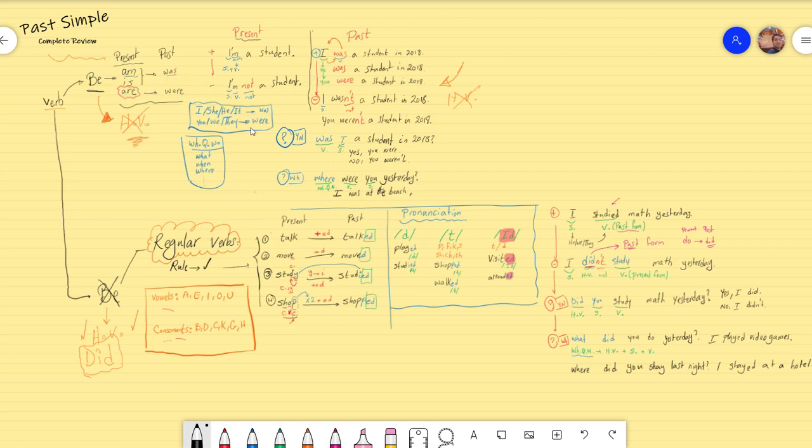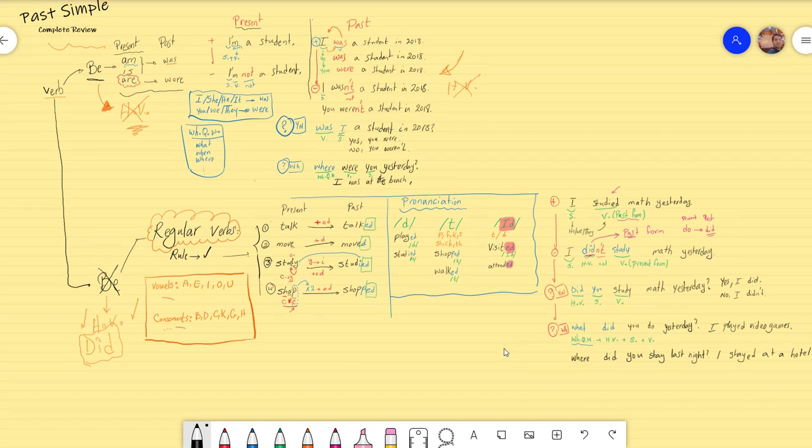And then we said that if we want to make the past tense, these are the example sentences that you can use. And then we said if the verb is not be, we have two options. The first option, regular verbs. They have 4 rules: ed, plus d, y changes to i, or double the last consonant. We talked about the pronunciation and we made some sentences.